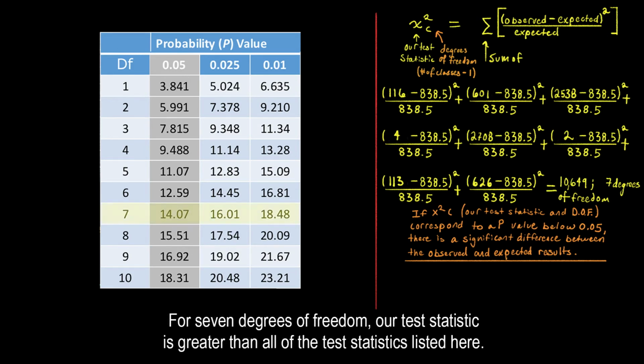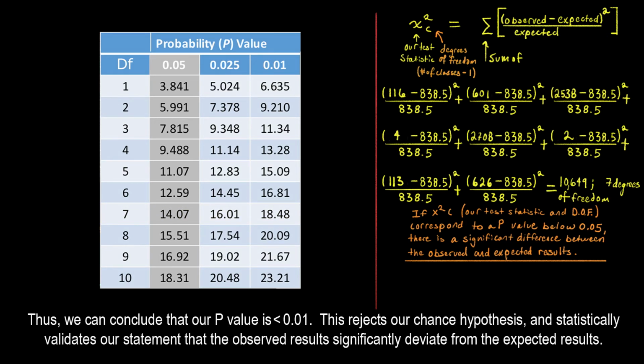For 7 degrees of freedom, our test statistic is greater than all the test statistics listed here. Thus, we can conclude that our p-value is less than 0.01. This rejects our chance hypothesis and statistically validates our statement that the observed results significantly deviate from the expected results.